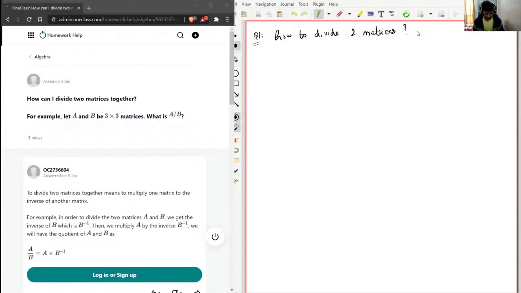Basically, in the case of vectors also, we cannot just subtract two vectors.